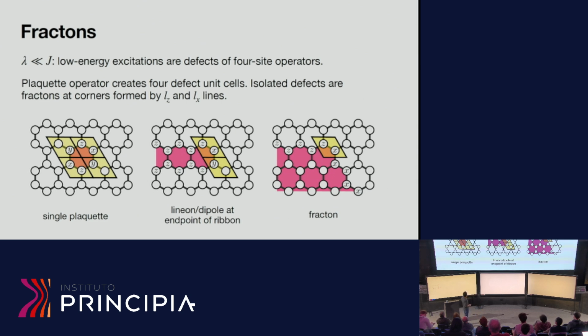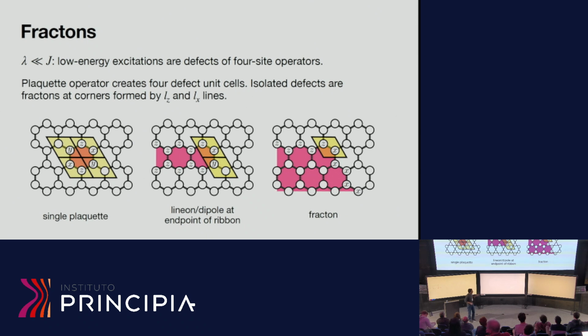This will be our defect. So the single plaquette operator actually creates four defects. But one thing you can do here is start applying more of these plaquette operators to stretch this. You apply these Z lines along this direction, so you send two of these defects away, and what you get looks like a ribbon with two of these defects at the end. This is like the line or the dipole at the end of this ribbon.